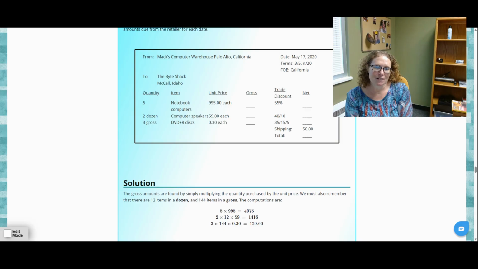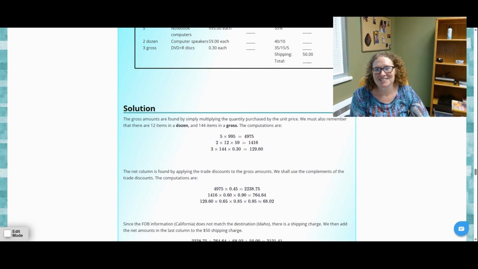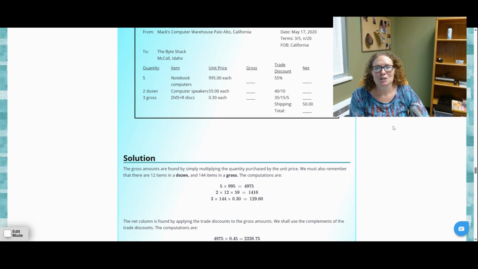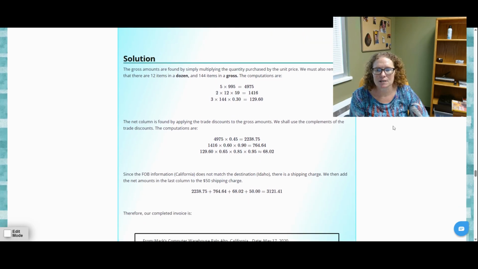So we've got 3 gross, which is 144 times 3, and those are 30 cents each. And so the gross on the DVDs or discs is $129.60. And then we go to the last column because they've given us the trade discount and we want to know the net.